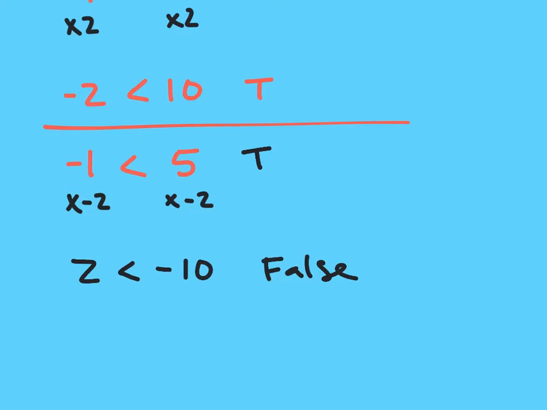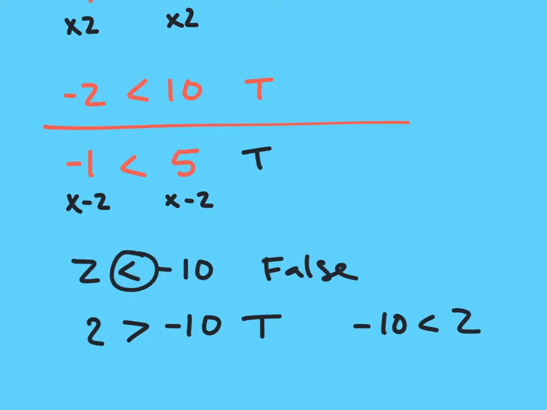The only way that we can make that true again is by reversing our inequality and writing this as 2 is greater than negative 10. That would make it true. And you could even write this as negative 10 is less than 2. Doesn't matter. They mean the same thing.